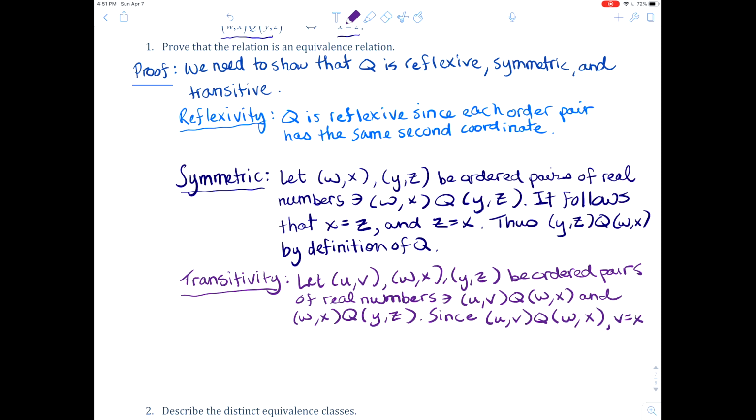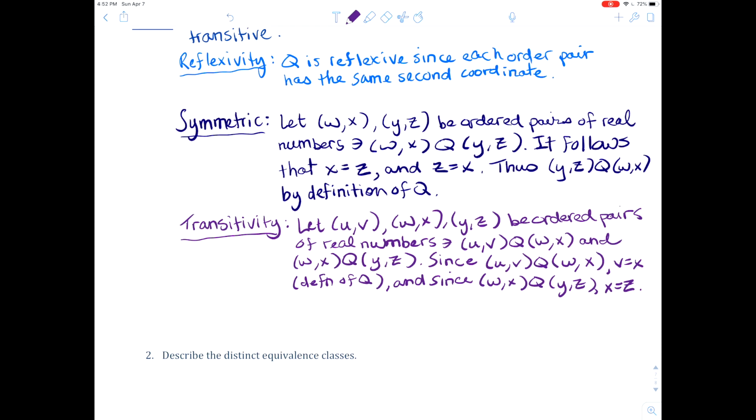That's by definition of Q. And since (w, x) Q (y, z), we know that x equals z.